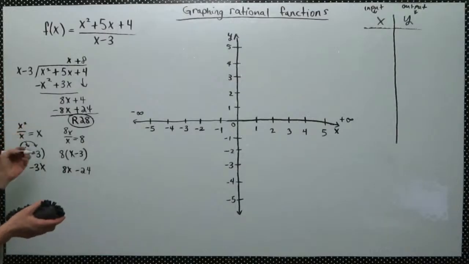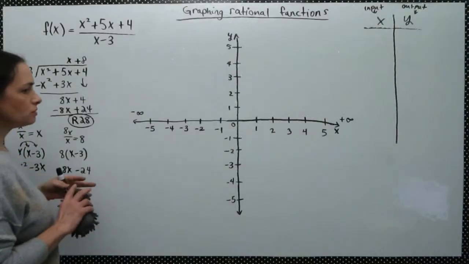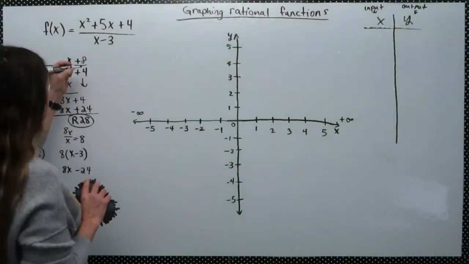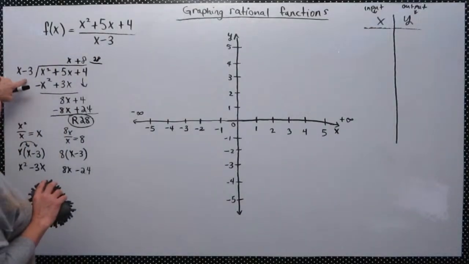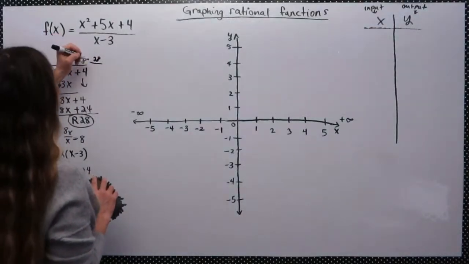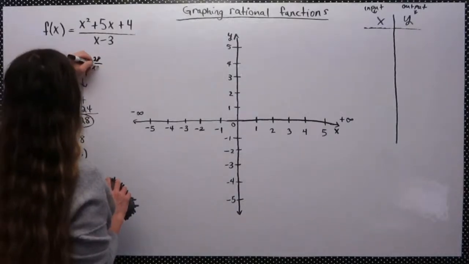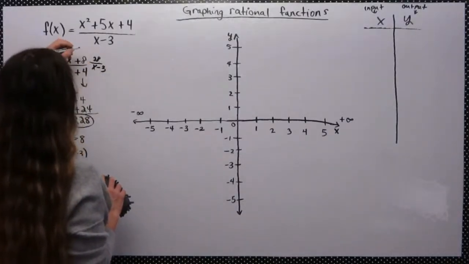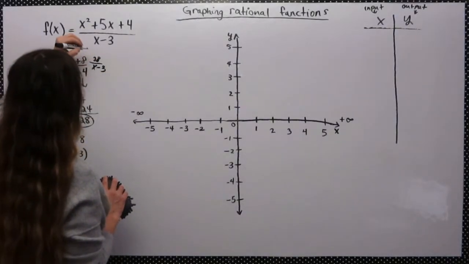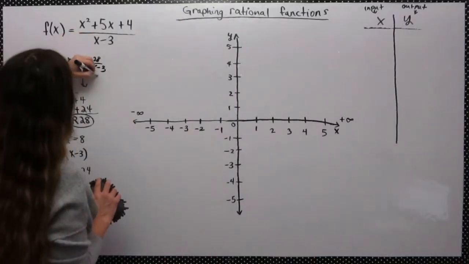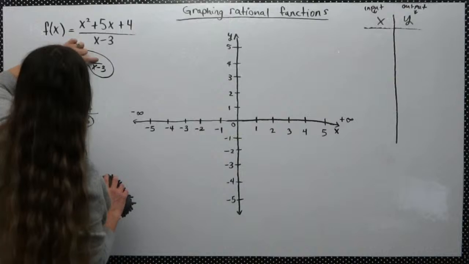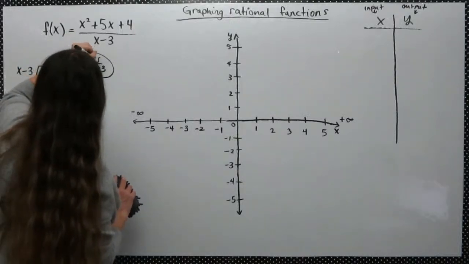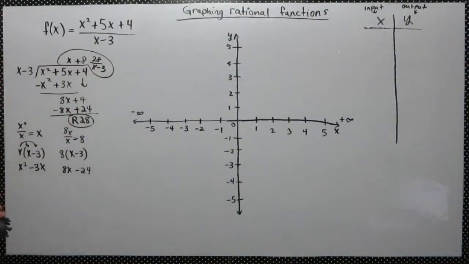If you're having to turn this into a problem, you would just say 28 and put it over whatever was in your divisor, so that would be x minus 3. It confuses me because it's been a long time since I thought about the definition of division, but 28 divided by x minus 3.